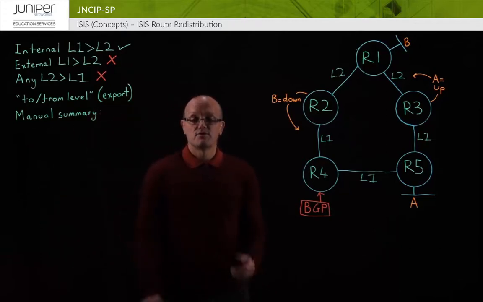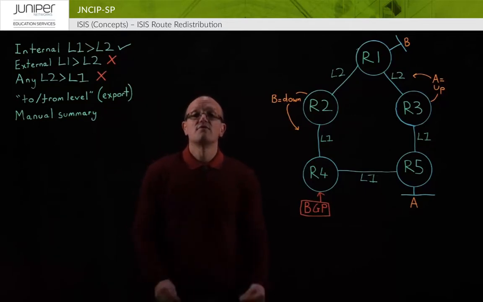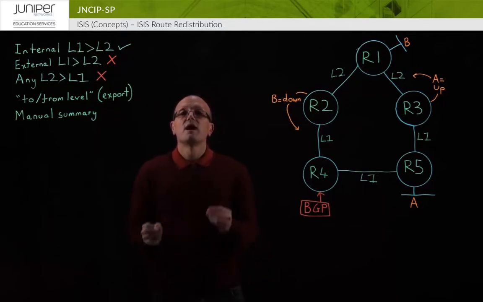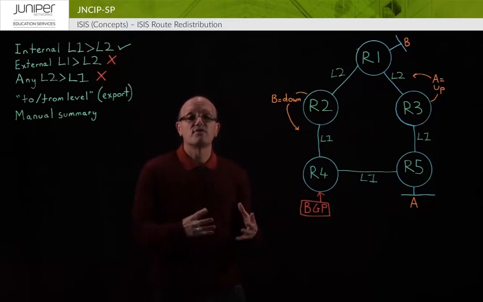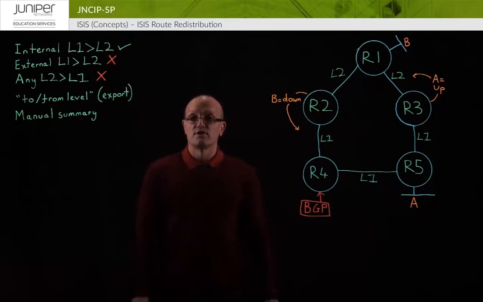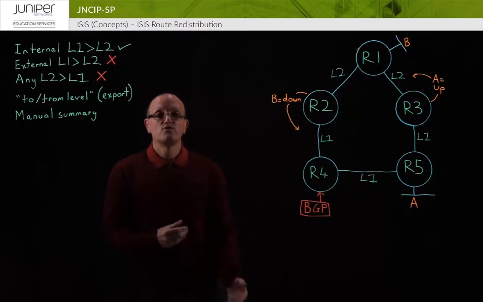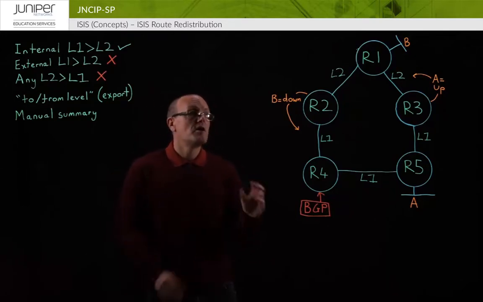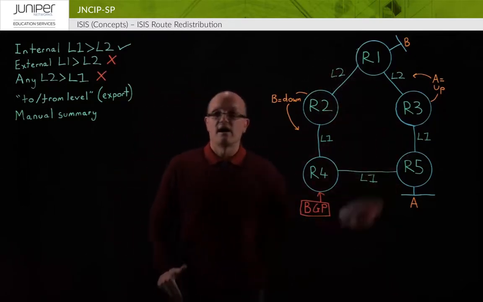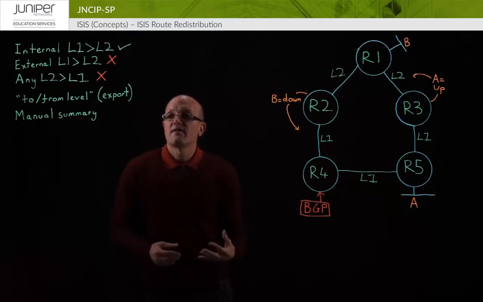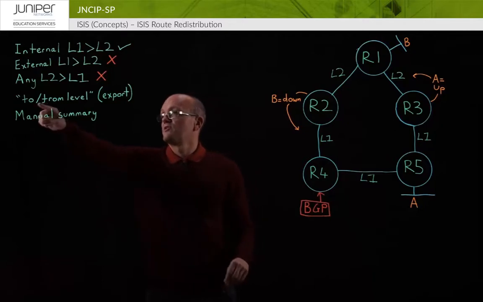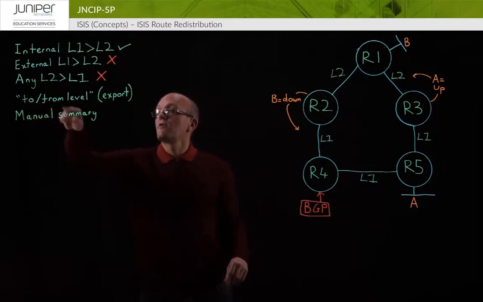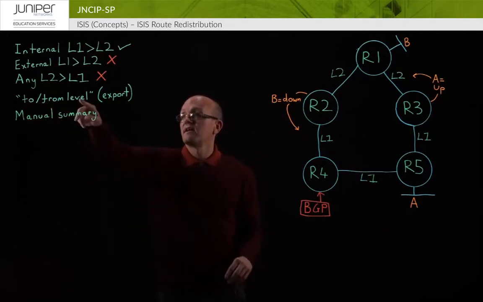Remember, it's export because we're taking routes from inet.0 and we're exporting them into ISIS for onwards advertisement within that protocol. And to control routing announcement between levels in ISIS, we have some new syntax to use within routing policy, and that's we can use to and from statements identifying level.